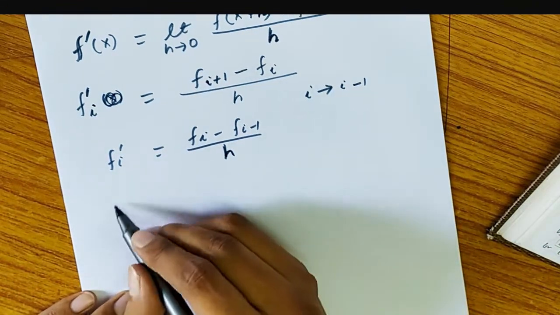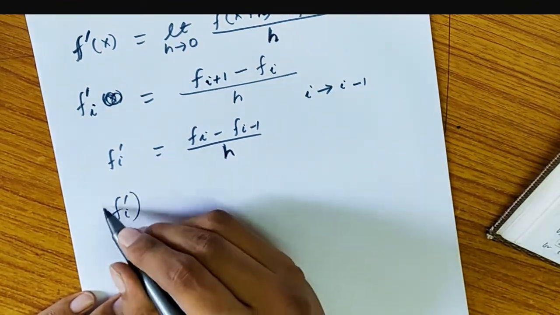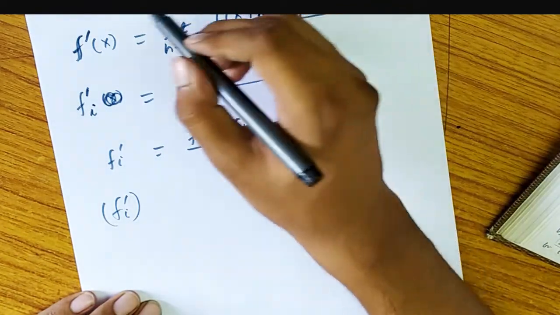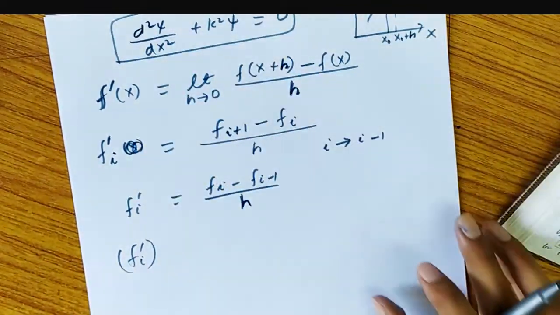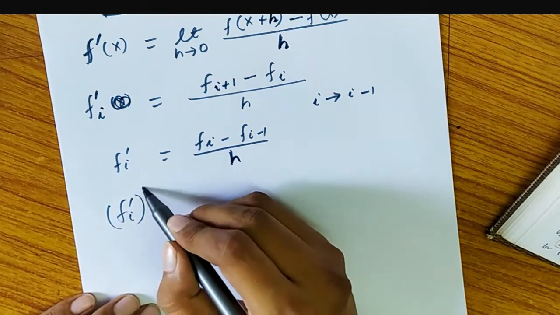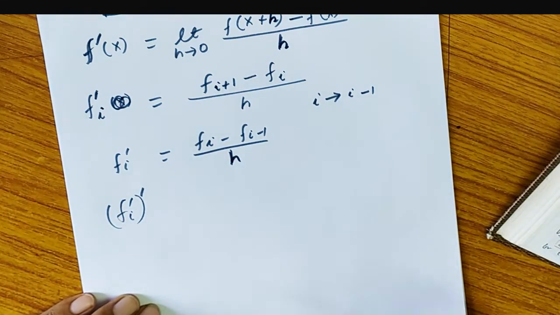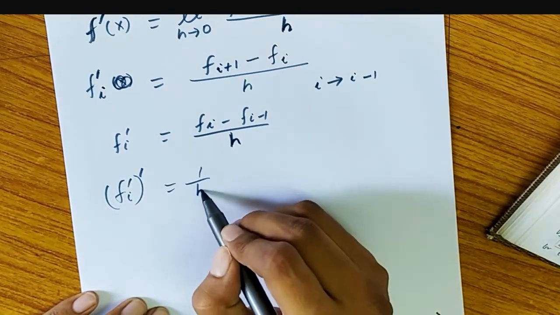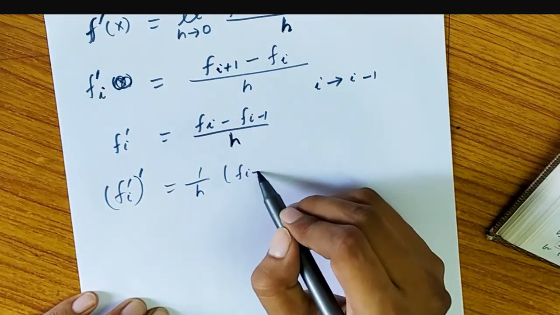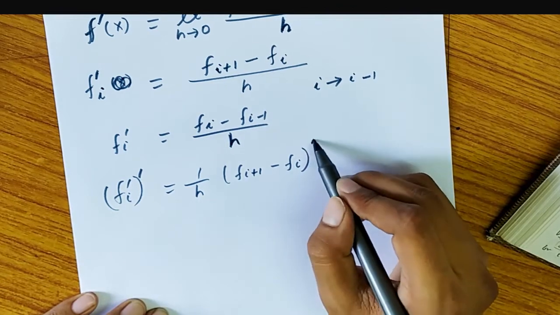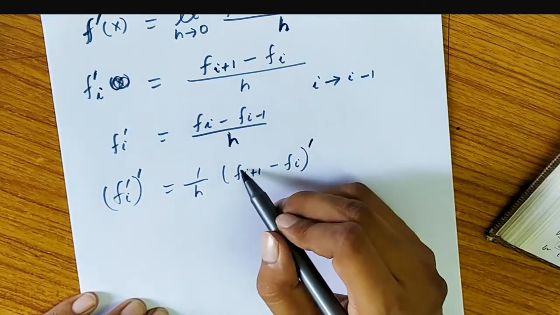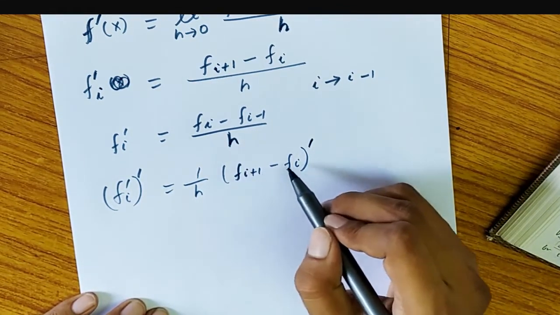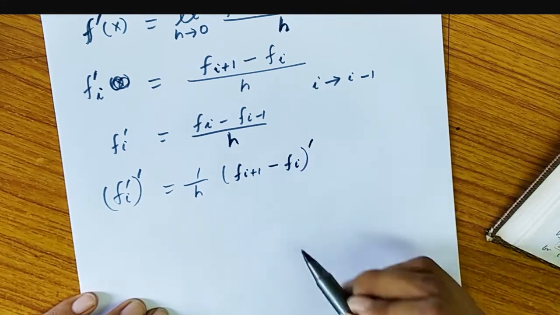Now since the Schrodinger equation is a second order derivative equation, I have to do the second order derivative, and my derivative operators are linear. That's why I can write f'(i+1) minus f'(i). So this derivative once goes for f(i+1) and again once goes for f(i).